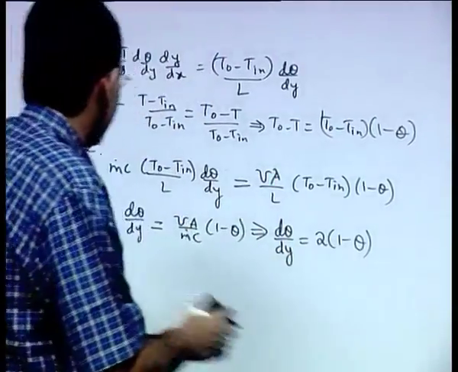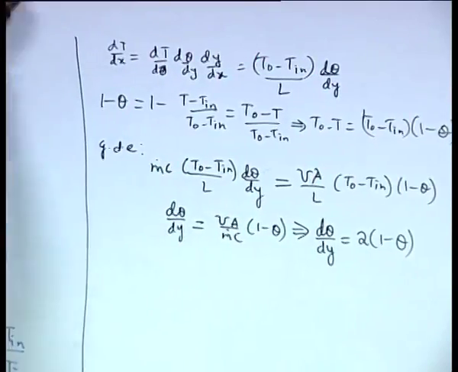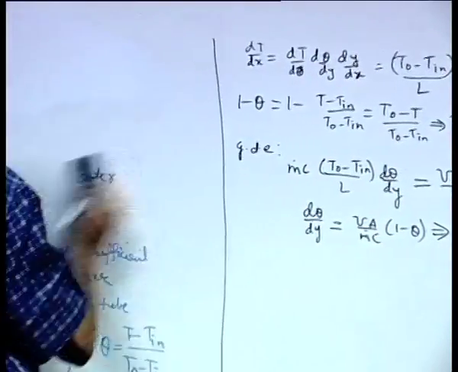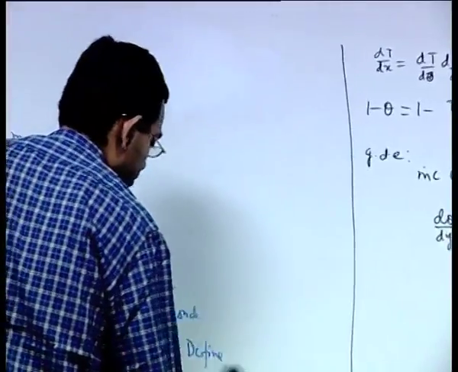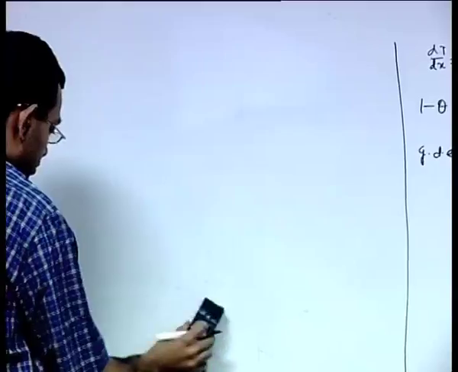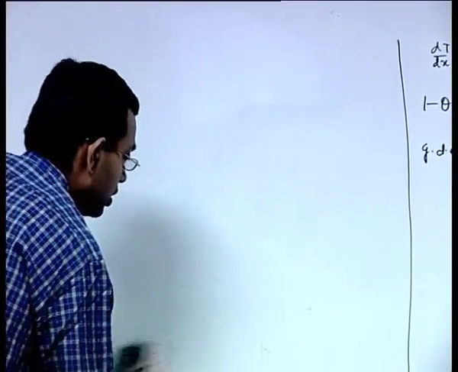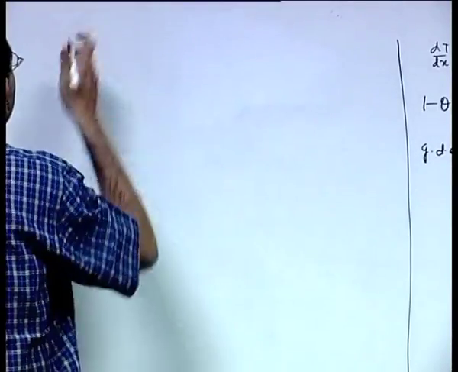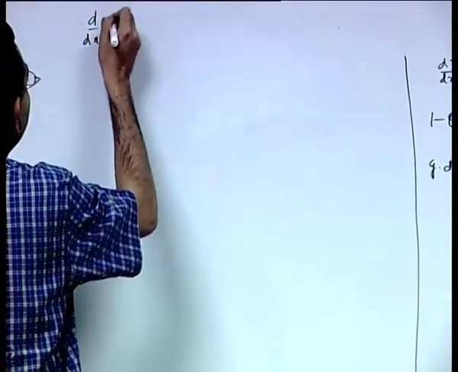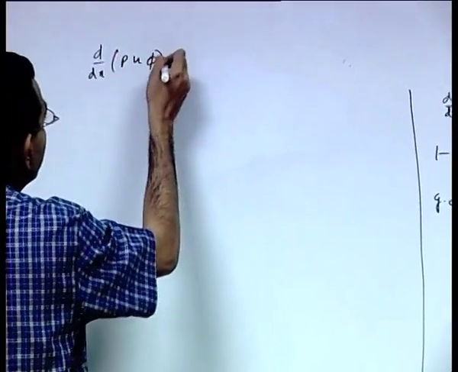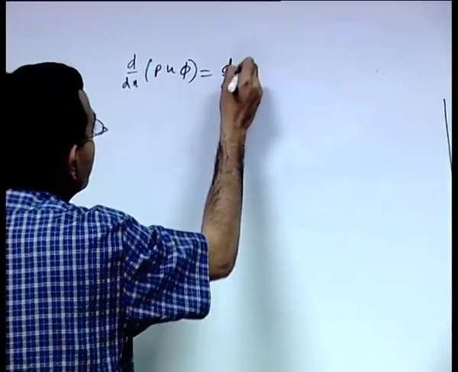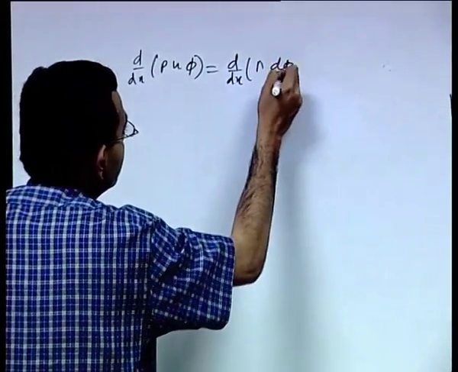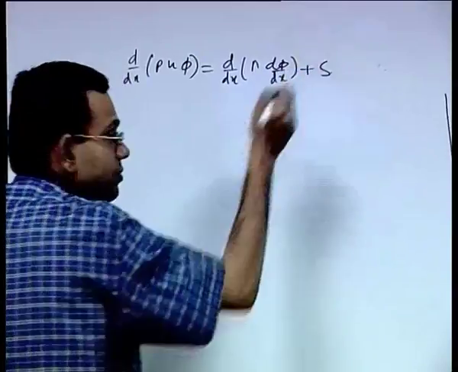So let us try to compare it with a prototype of a one dimensional convection diffusion equation. One dimensional convection diffusion equation is what? d dx of rho u phi is equal to d dx of gamma d phi dx plus s.